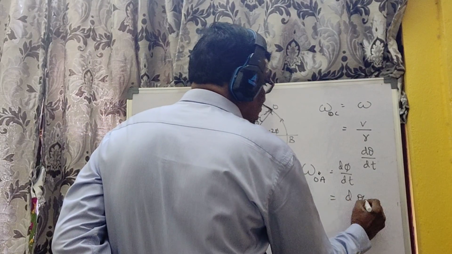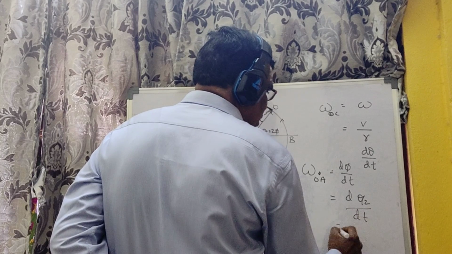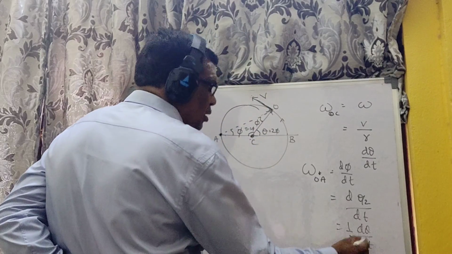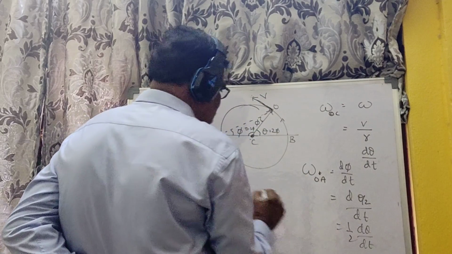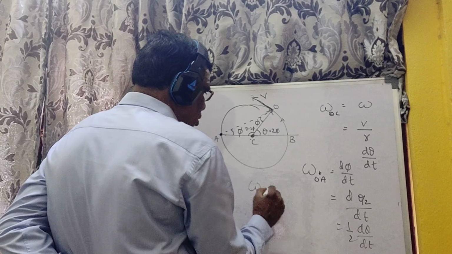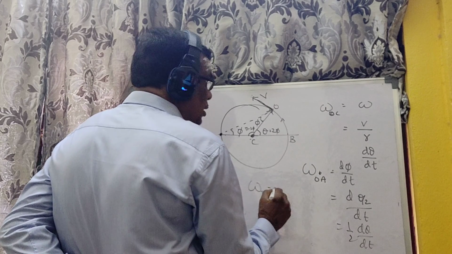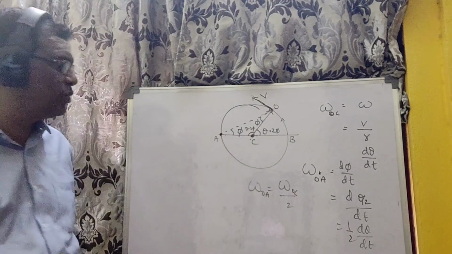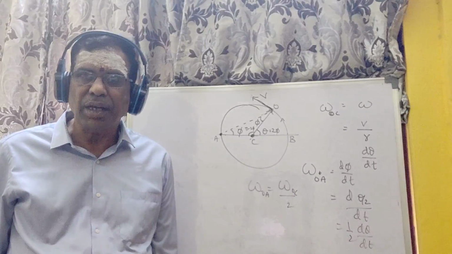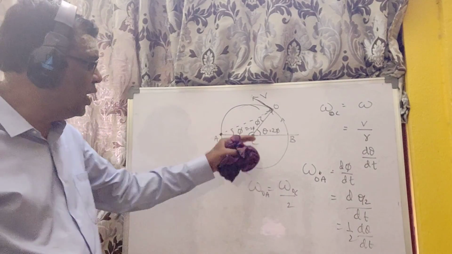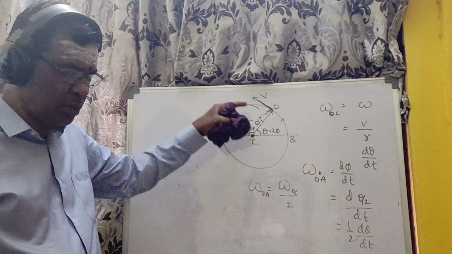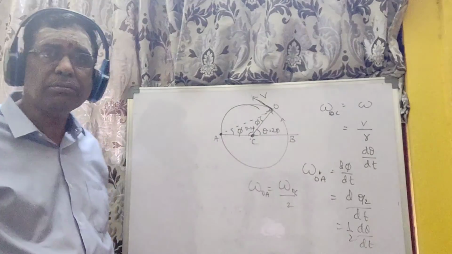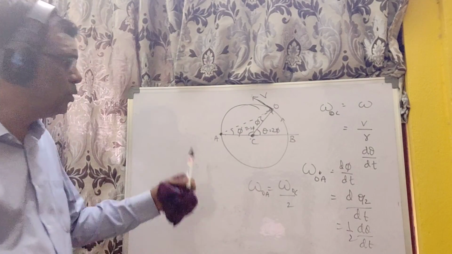So, d theta by 2 by dt, or d theta by dt is omega OC. So, omega OA is equal to omega OC by 2. Likewise, you have to work out. I hope you understood this. So, if they ask with reference to any point on the circumference, this is how you have to do it.